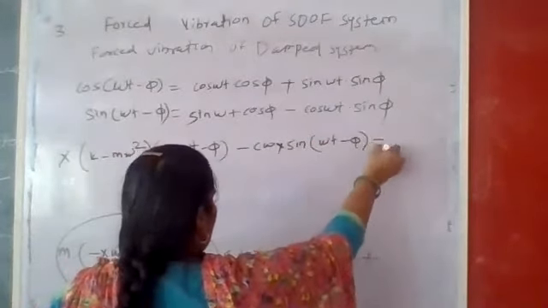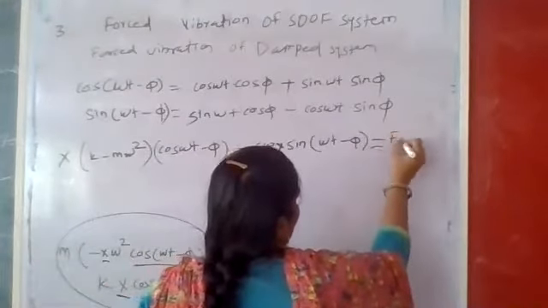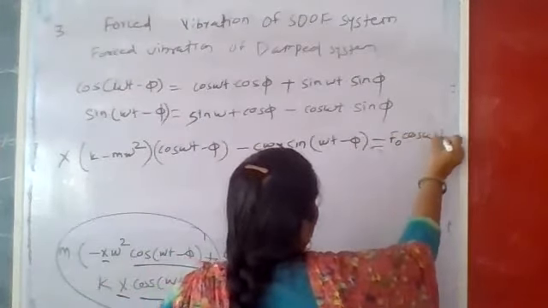The bracket complete is equal to F naught into cos of omega t.